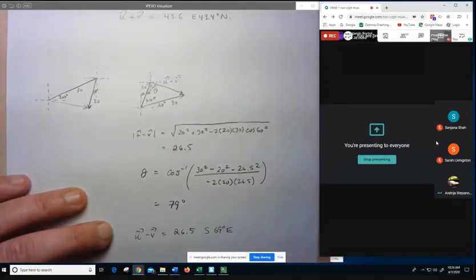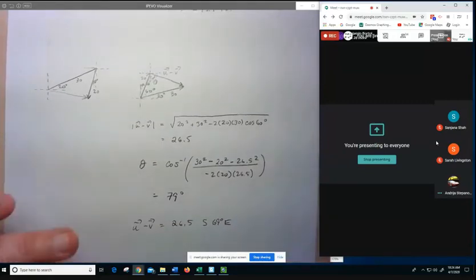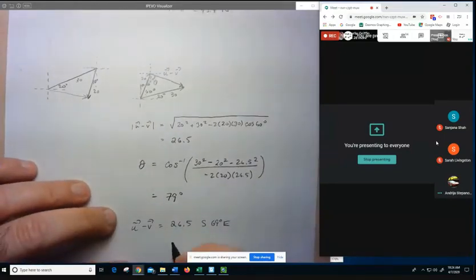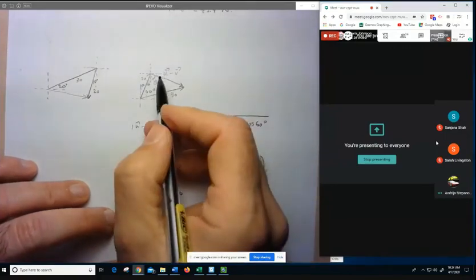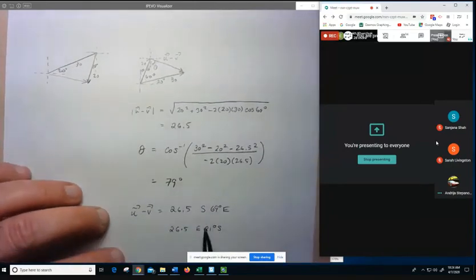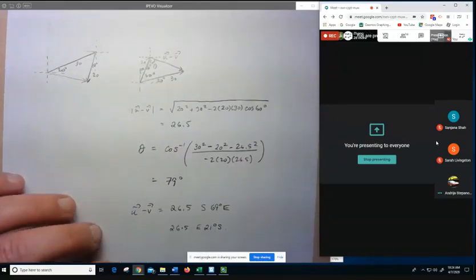Okay, now as somebody referenced before, we could write that another way. We could write that as 26.5 and instead go east, okay? And 90 minus 69 will be 21, east 21 degrees south, okay? So I'm not picky about whichever one you use, okay? Some people prefer this angle to be less than 45, all right?